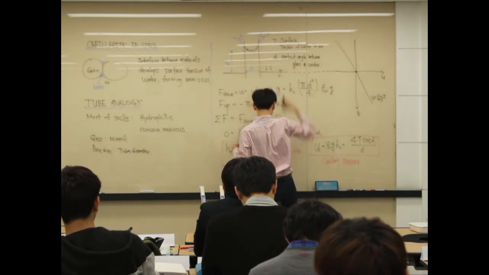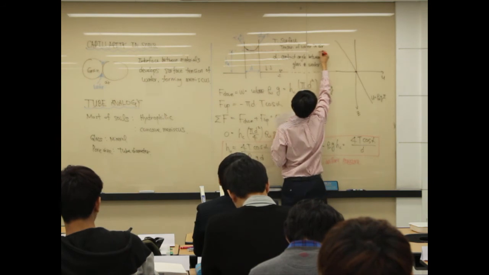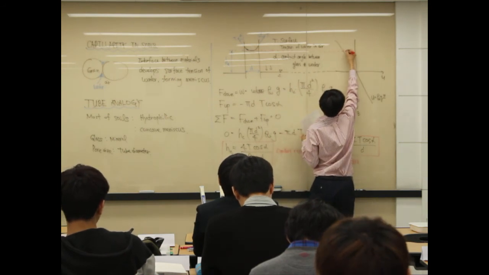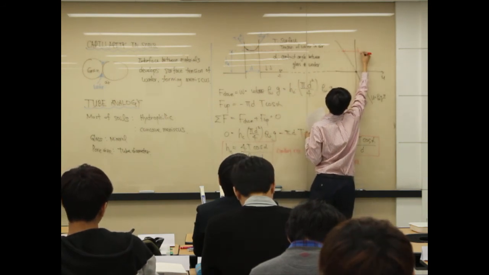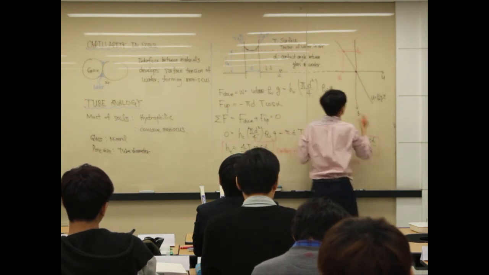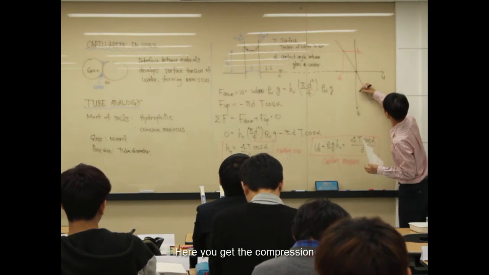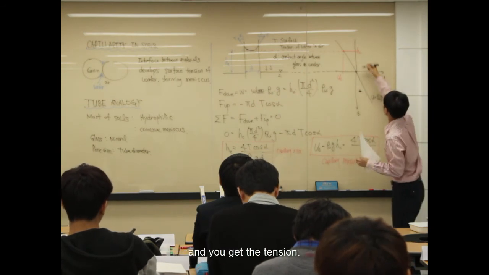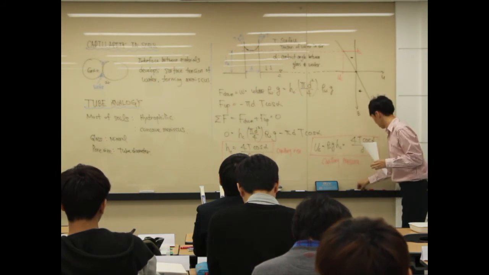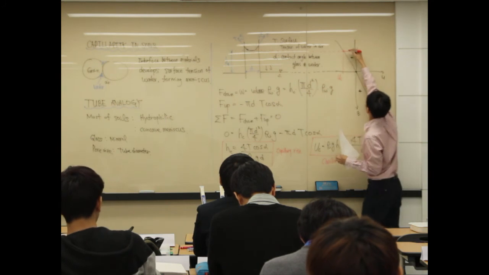So to this height, this is HC, and this will be the capillary pressure you see. So here you get the compression, and here you get the tension. Here is the compression. Here is the tension.